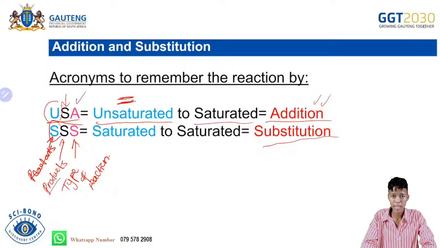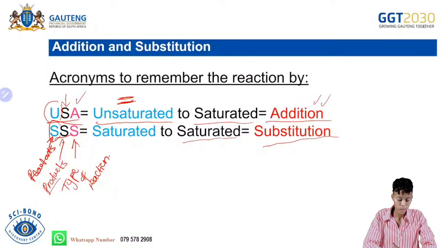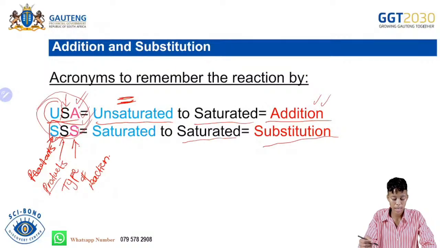And then for substitution, if the reactant is saturated, meaning there will be no double bonds and no triple bonds, the product is also saturated, therefore the type of reaction will be your substitution reaction. When you go to the exam, you need to remember this, and also use this when you do your activities, as it is going to make your reactions easier.